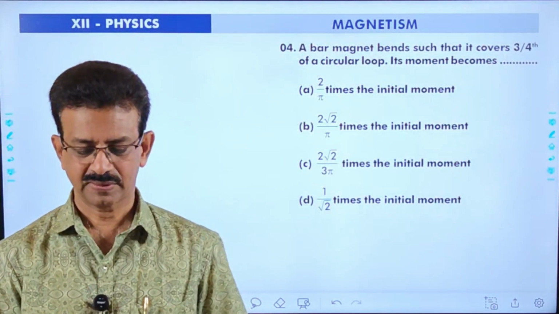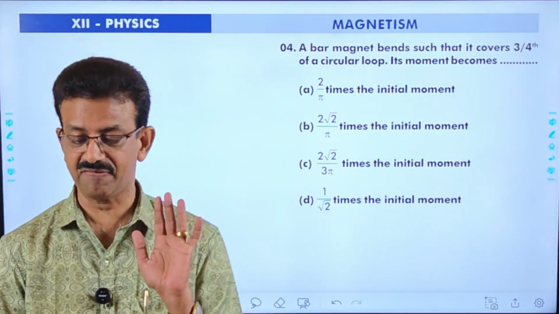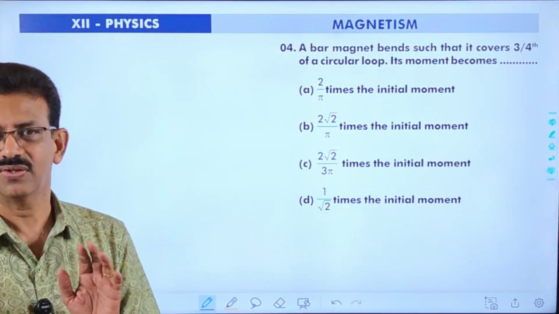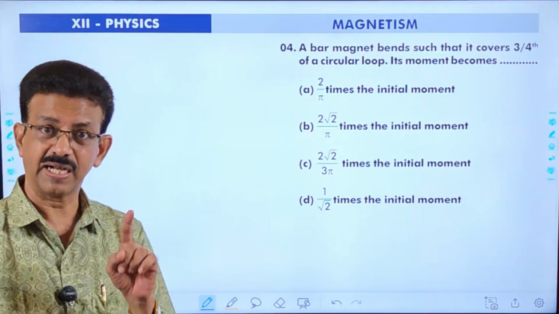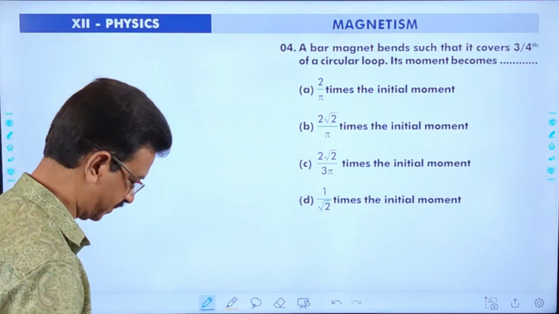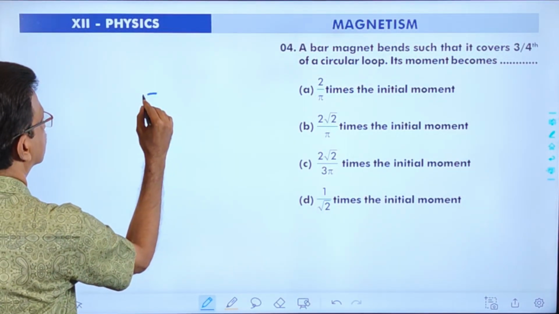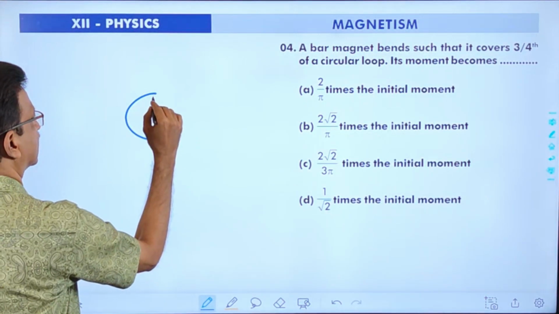Question number 4. A bar magnet bends such that it covers 3/4 of a circular loop. The moment becomes dash. After bending, what happens to the moment? It is like covering 3 quadrants.